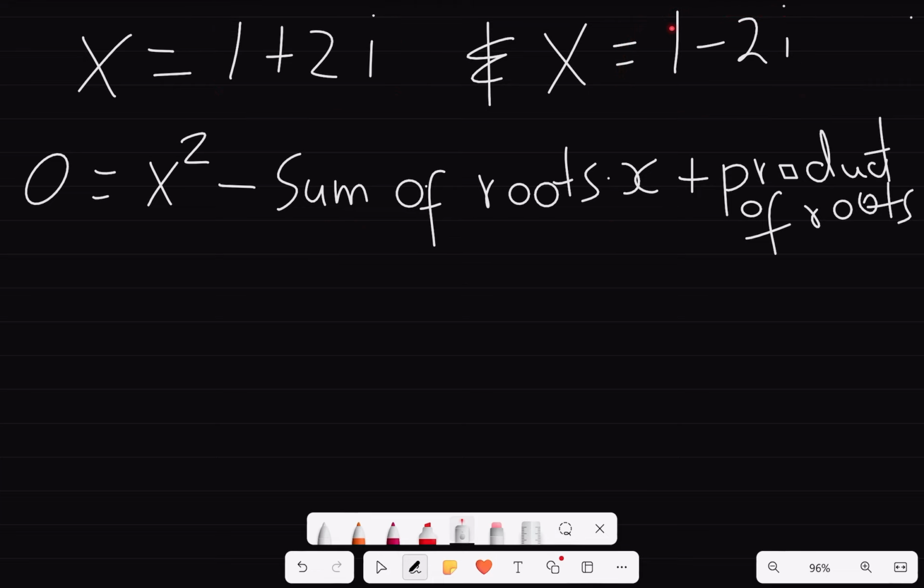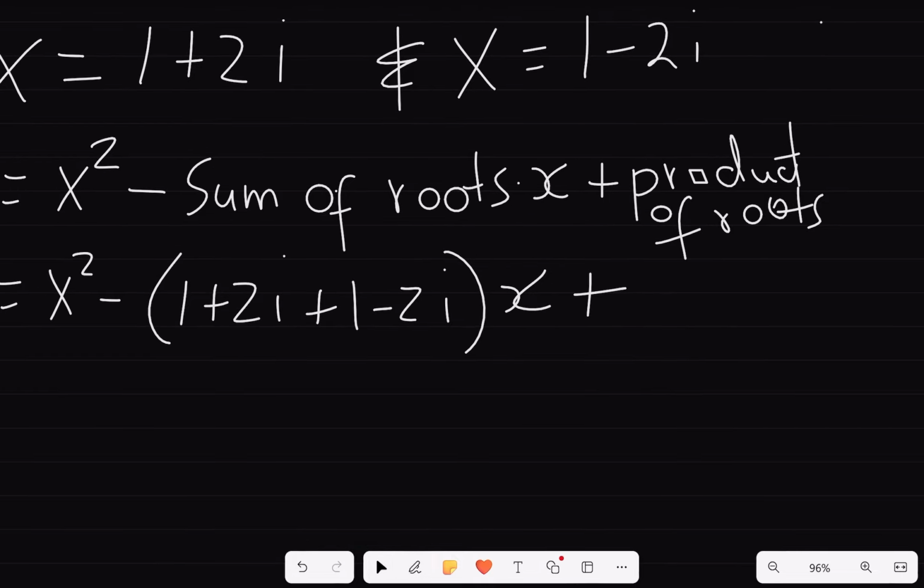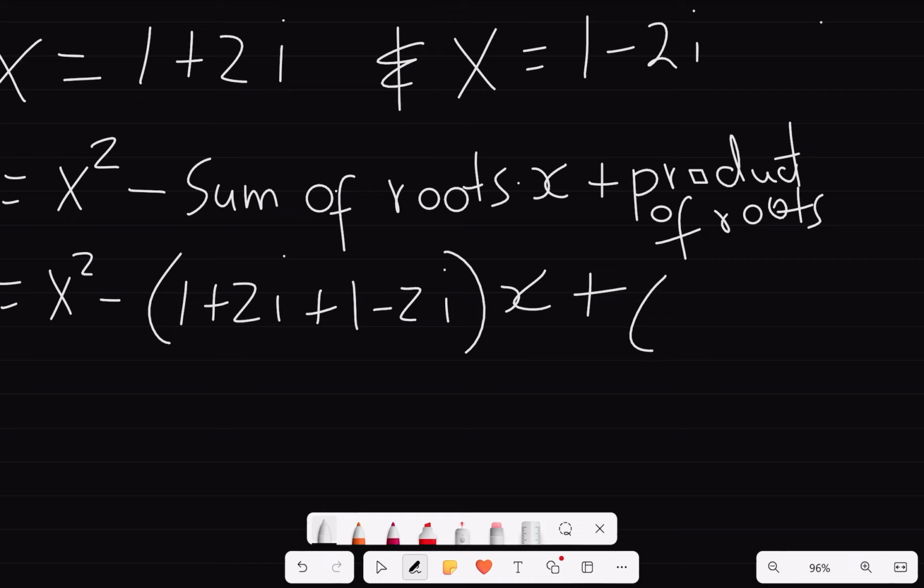So let's substitute. 0 equals x squared minus the sum of roots, which is 1 plus 2i, the first root, plus 1 minus 2i, the second root, and then you have x. And then you're going to add the product of the roots. So the first root is 1 plus 2i, the second root is 1 minus 2i.